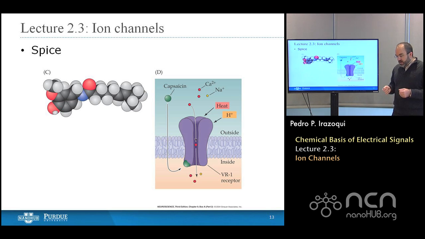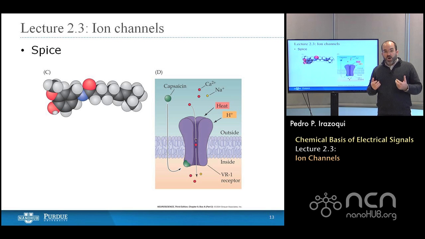So the reason that when you eat spicy food, it tastes hot rather than cold or salty or anything else, is because the ion channels that are being activated are the same ones that are activated for heat. They're just being activated in a different way.